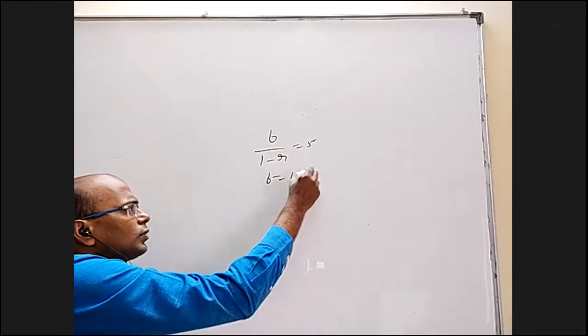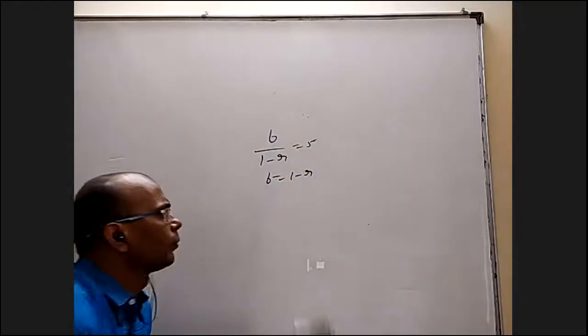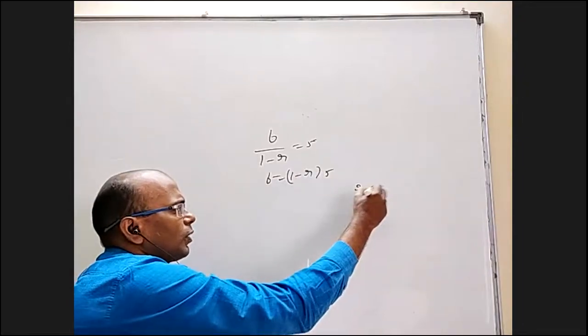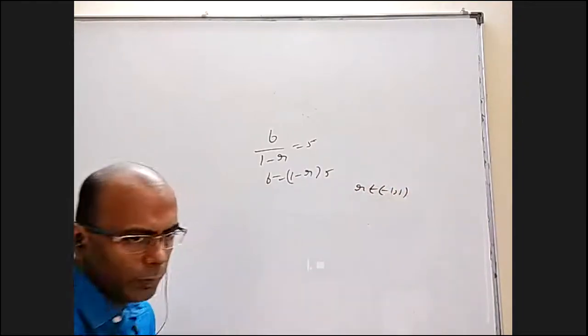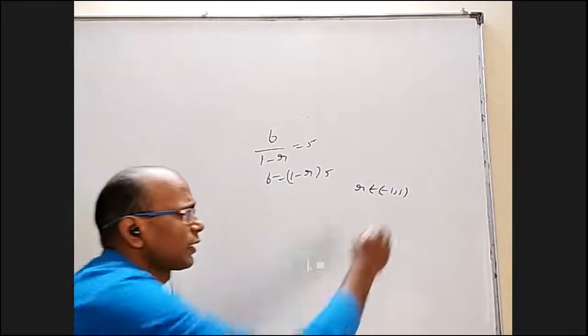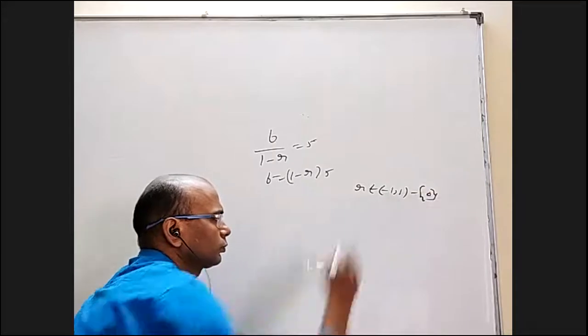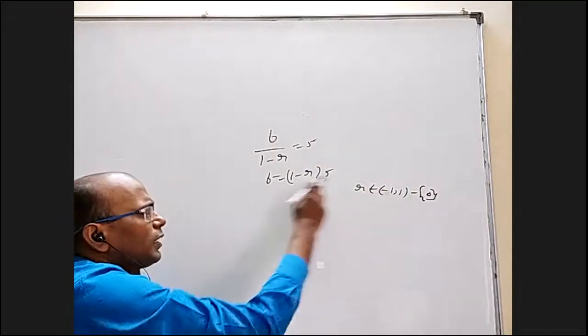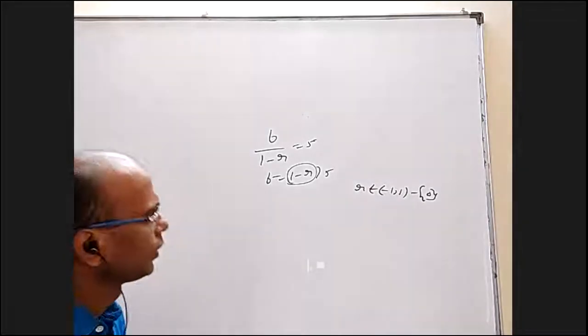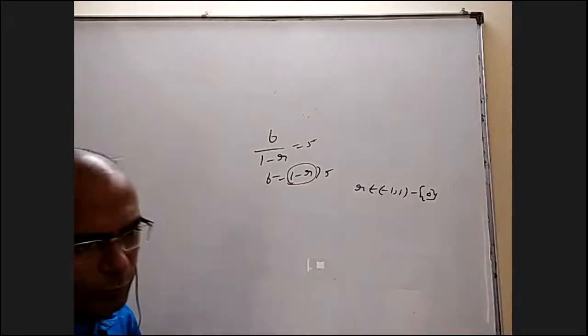So b is equal to 5 times 1 minus R. We know R belongs to the open interval minus 1 to 1. We cannot even take common ratio 0, so I should also write except 0. When R is between minus 1 and 1, 1 minus R will be between 0 and 2. When it is between 0 and 2, 5 times that will be between 0 and 10.